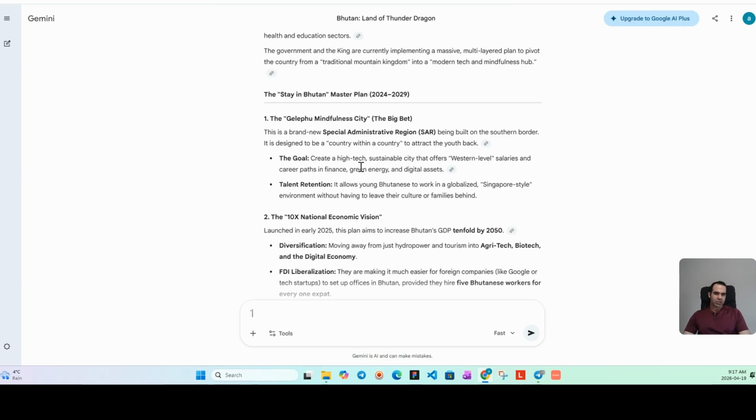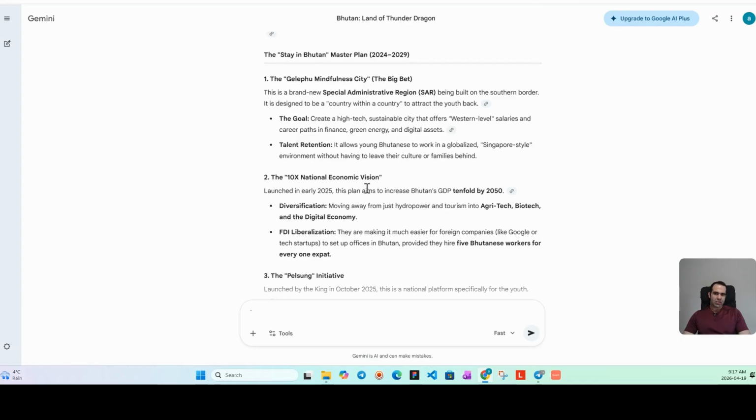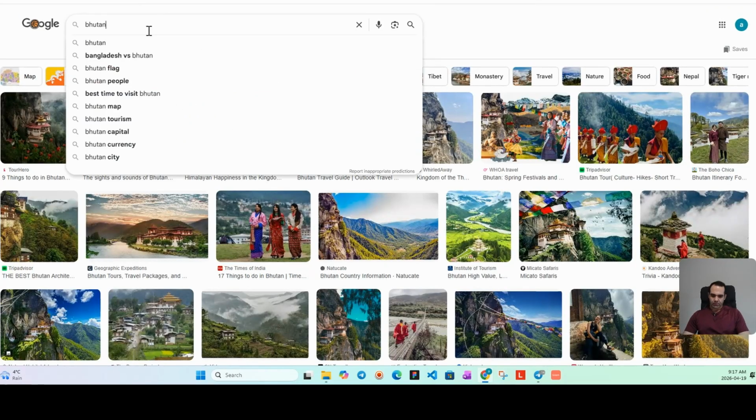The goal: create a high-tech, sustainable city that offers Western-level salaries and career paths in finance, green energy, and digital assets. Talent retention. It allows young Bhutanese to work in a globalized Singapore-style environment without having to leave their culture or families behind. Let me see a Bhutan map.